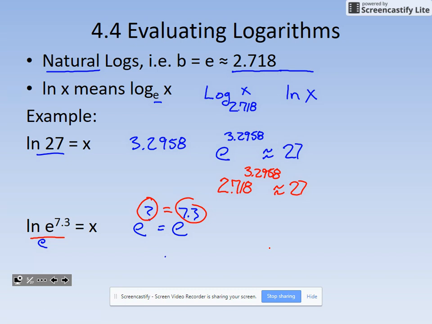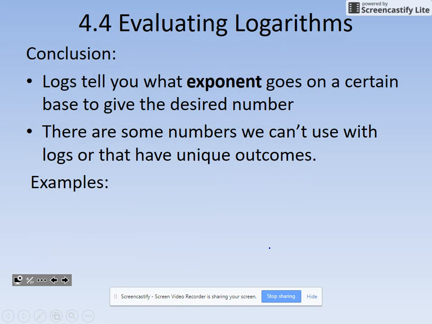So the answer here is x is equal to 7.3. All right, moving on. Again, when you push the log button, it tells you the exponent that has to go on a number. Typically, if it's common logs, it's going to be base 10. If it's natural log, it's e.